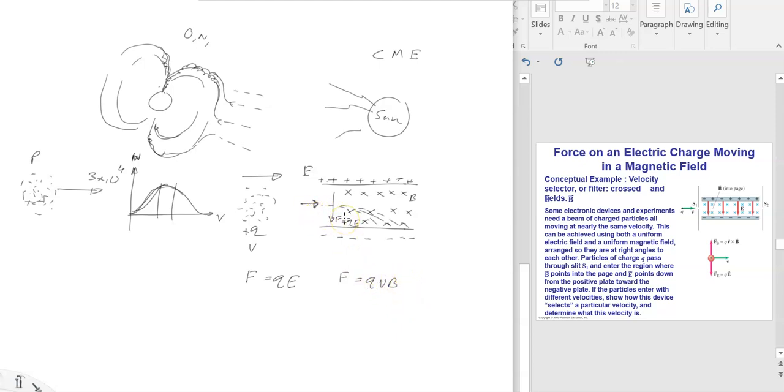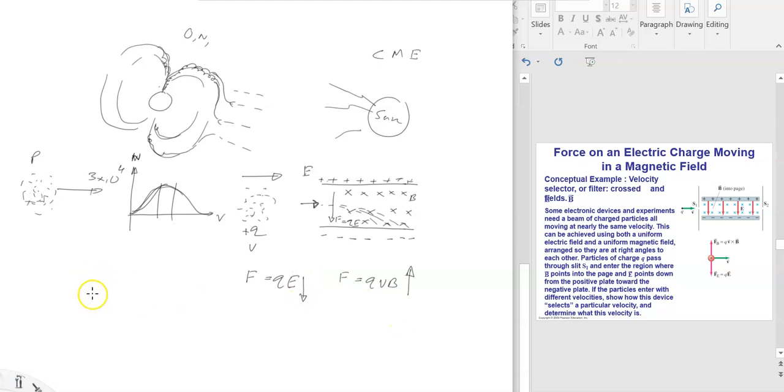Positive charges going to the right, so index finger in the direction to the right, magnetic field into the board, so middle finger into the page. Once you align all that, your thumb is pointing up, so the qvB force is pointing upwards, qE pointing downwards.